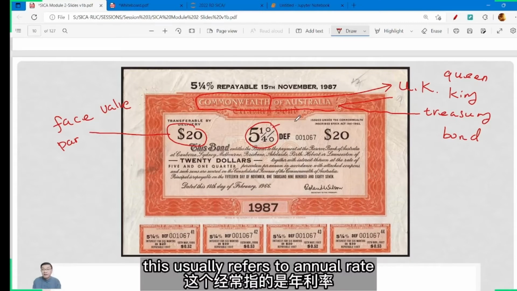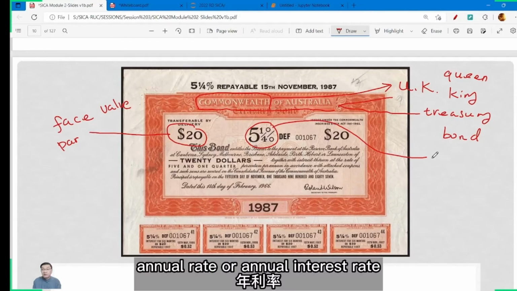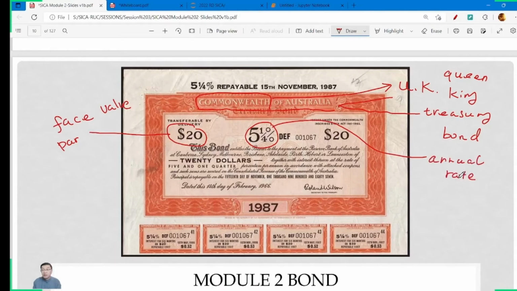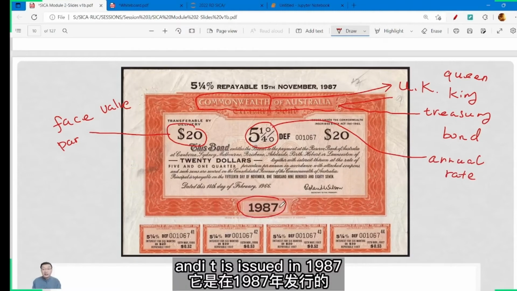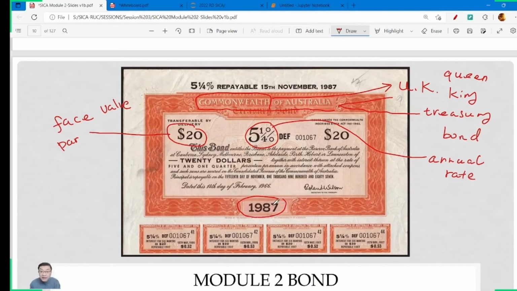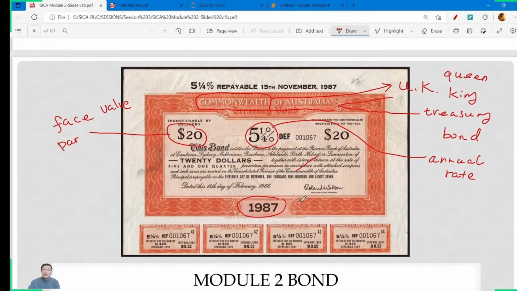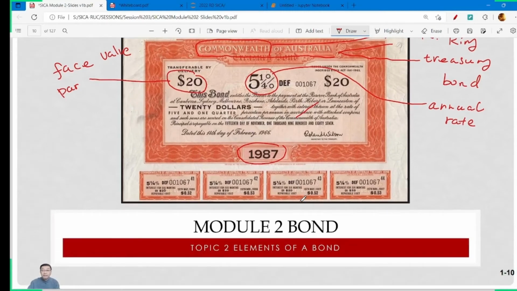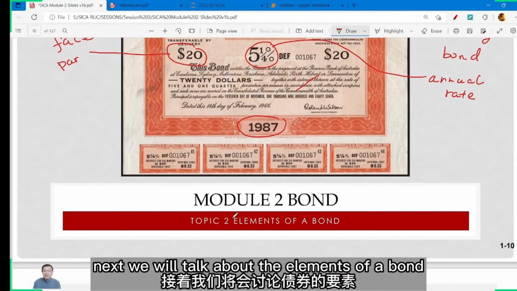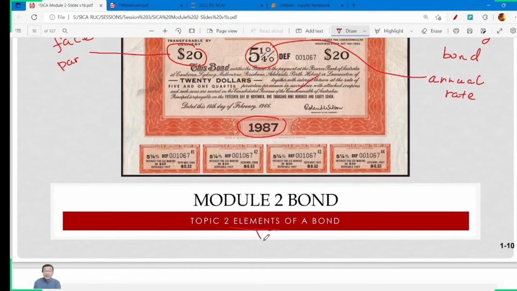This usually refers to the annual interest rate. So this is a bond, and it was issued in 1987. There are also other clauses here. Next, we will talk about the elements of a bond.